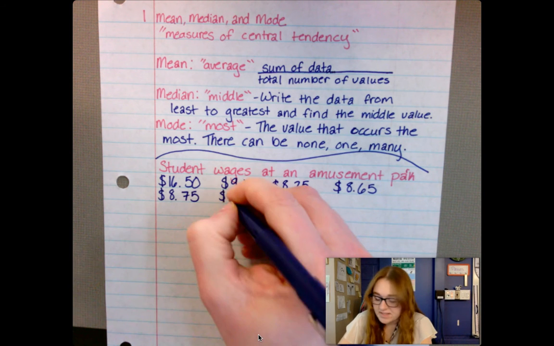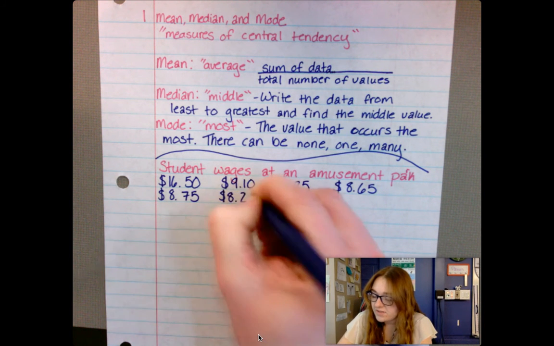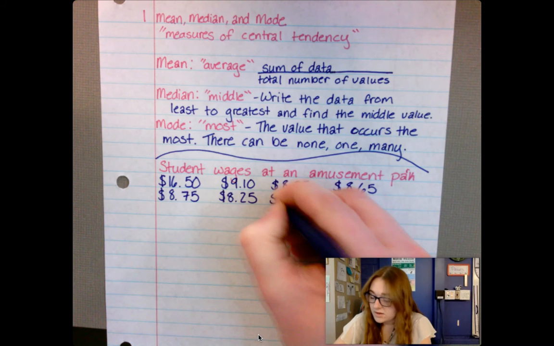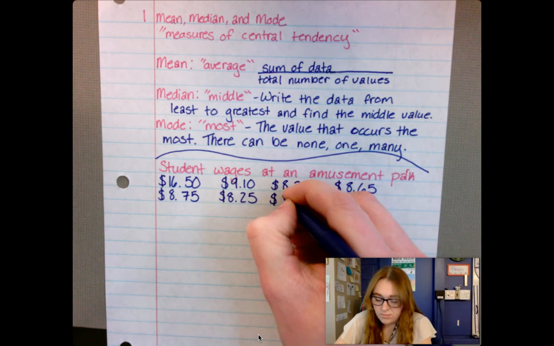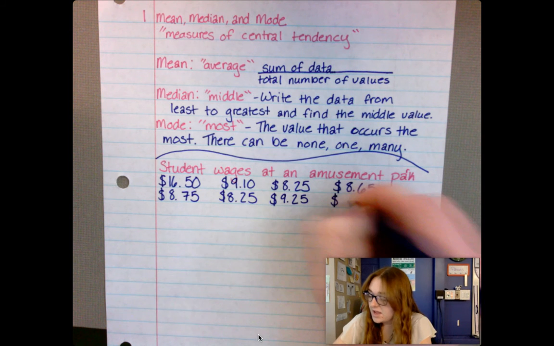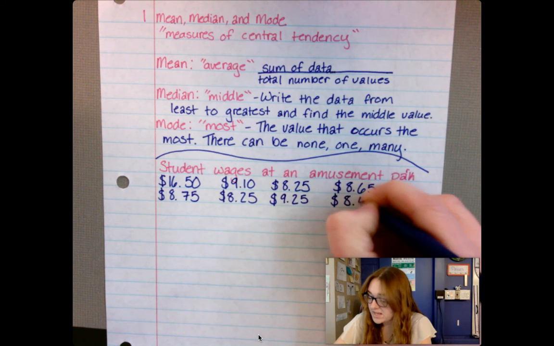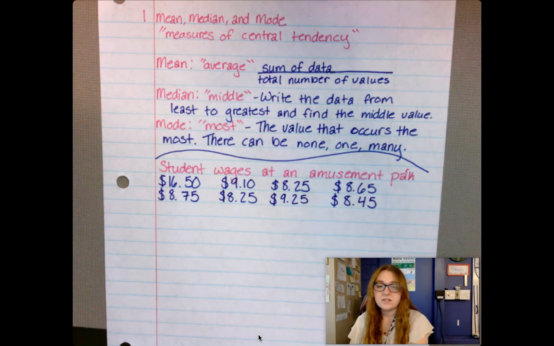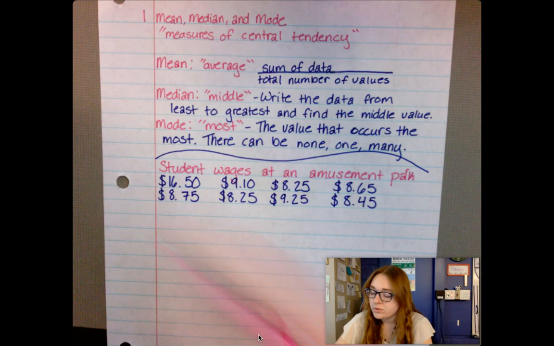Sixth kiddo makes $8.25. Seventh kiddo makes $9.25. And the last kiddo, the eighth kiddo, makes $8.45. So the easiest thing to find here is the mode, what repeats the most often.